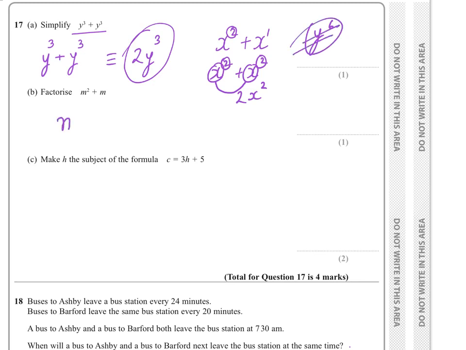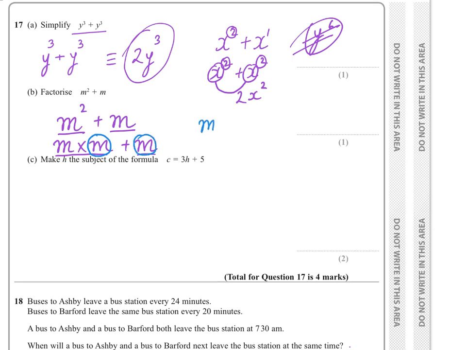Now we've got to factorise m squared plus m. Well, m squared is m times m plus m. So that's the m squared part here, and this is m here. Now, if we notice, we have m in the first term of this expression, and we also have m here.